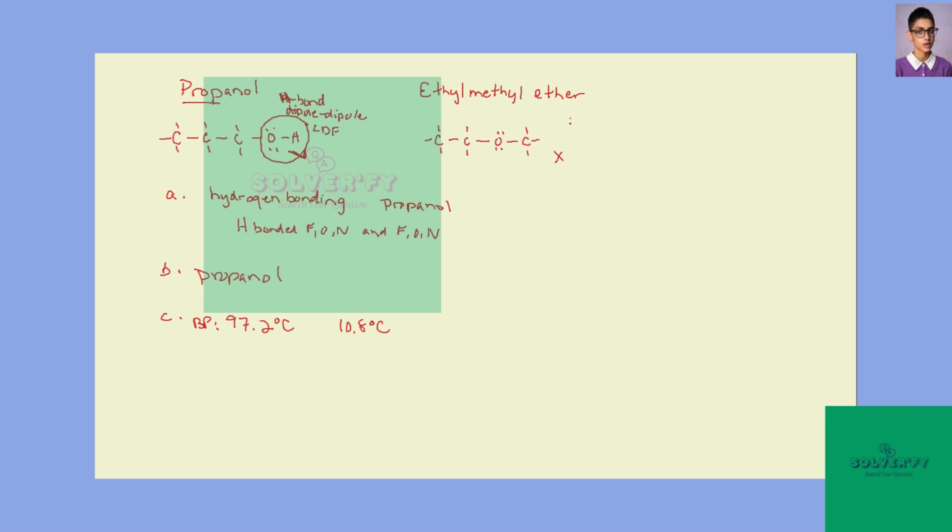Ethyl methyl ether is going to have dipole-dipole because it is a polar molecule, so it will have dipole interactions, and it will also have London dispersion forces. But here, this hydrogen bonding is stronger than dipole-dipole and definitely stronger than London dispersion. So since it has the strongest intermolecular forces, the propanol will have the highest boiling point. So this 97.2 is going to belong to the propanol, where the lower boiling point is going to belong to the ethyl methyl ether.